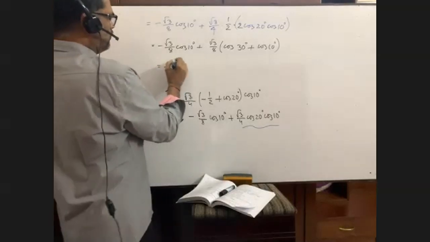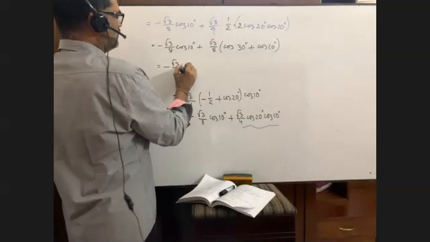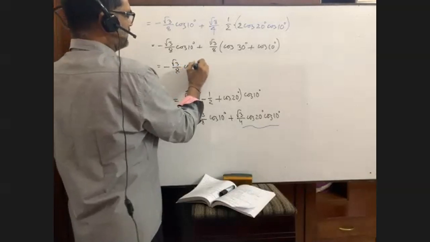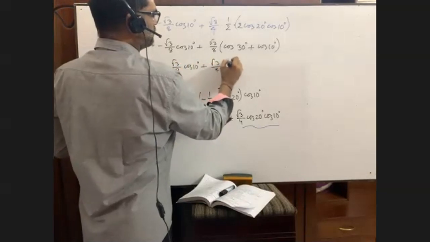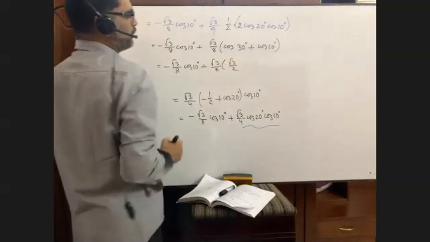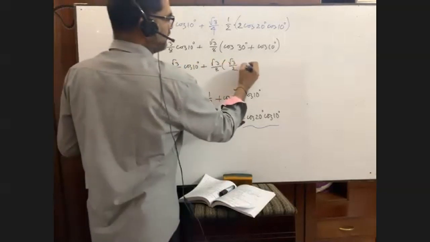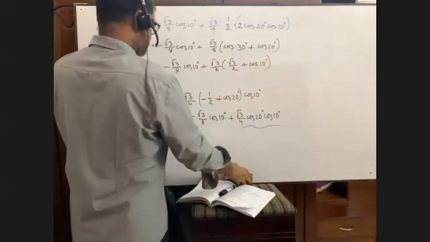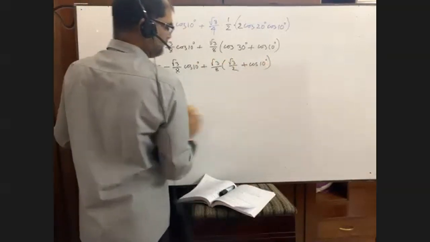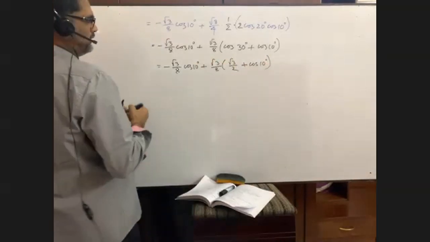Now, what is the value of again cos 30 degree? Let me know. Root 3 by 2. Cos 30 degree is root 3 by 2. Now as usual cos 10 degree. Is it okay to all? Yes, sir.